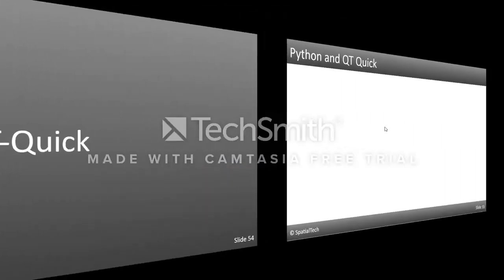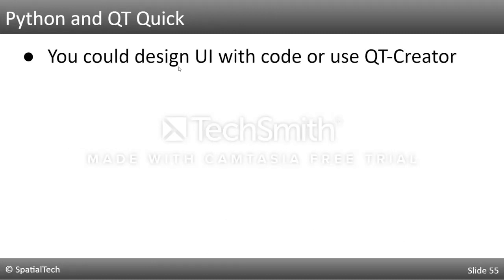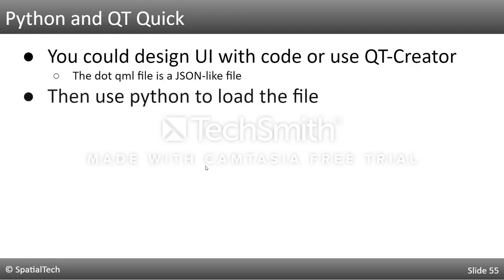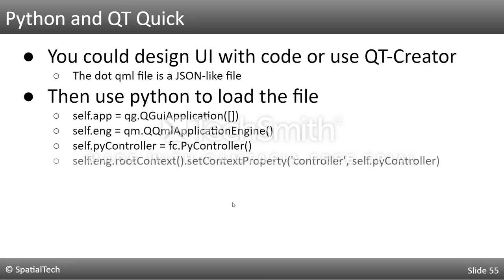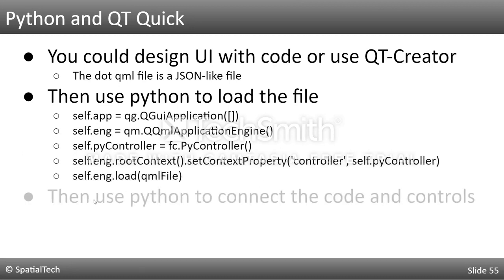You can also go Python and Quick Controls, right? So you could design a UI with code or with Qt Creator, right? It's a .qml file. It looks like JSON, right? Then use Python to load the file, right? So a very similar process to bring the file in, just different commands when you're using that as well.